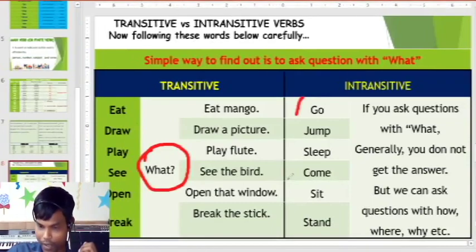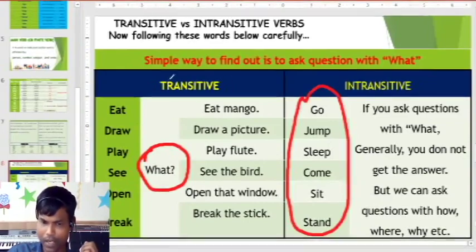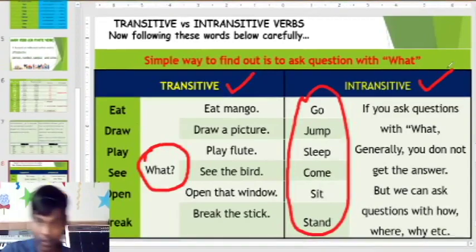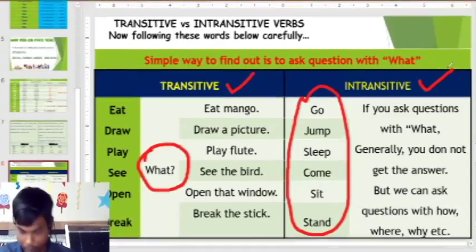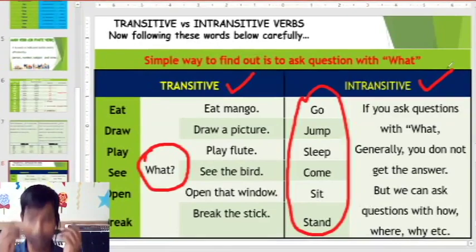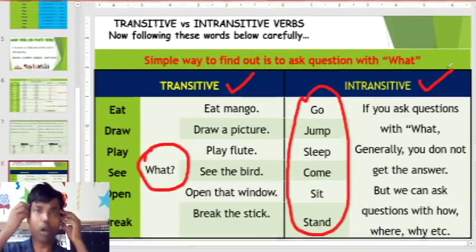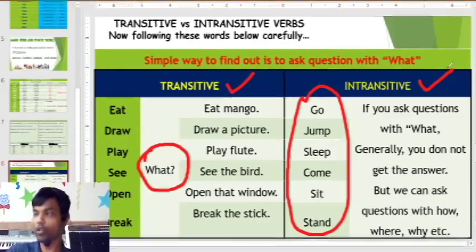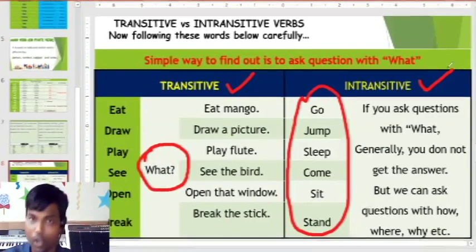Whereas on the other side, you just compare. See, I told you very clearly, compare. When you compare, you understand better, because every now and then you are comparing both, and your understanding will be very clear. So go what? No, you cannot. An indirect object can follow, a direct object is not available, but an indirect object is available. But we're not talking about the indirect object. We want the direct object.